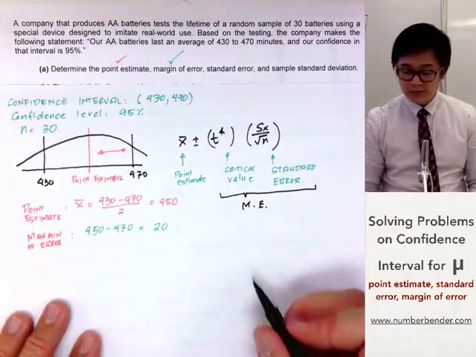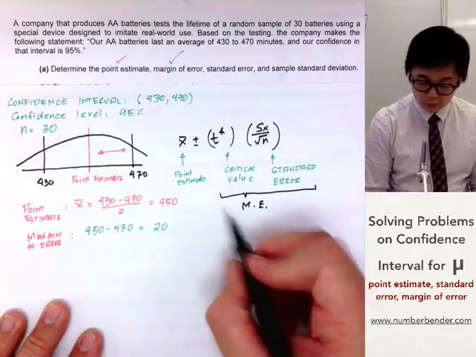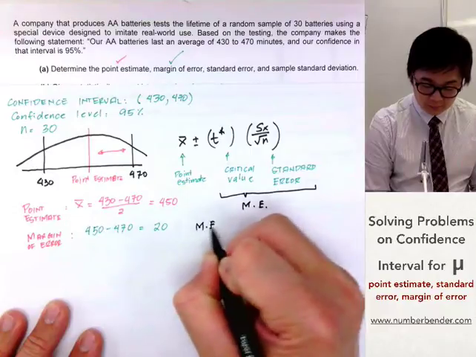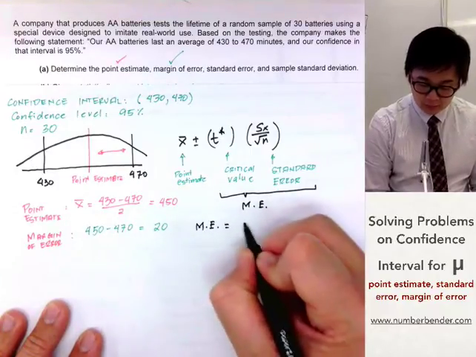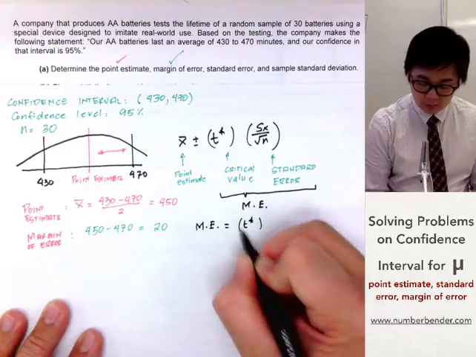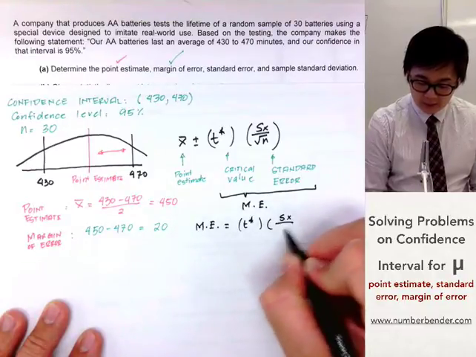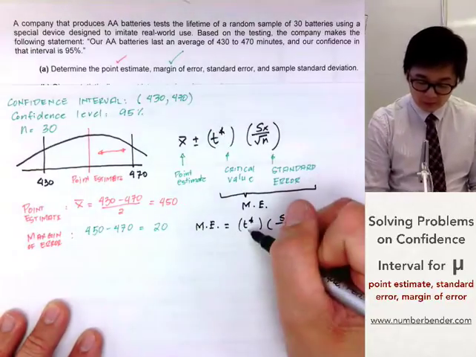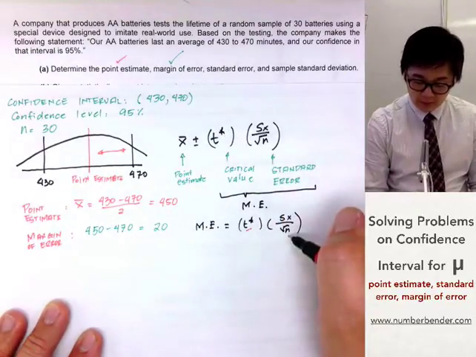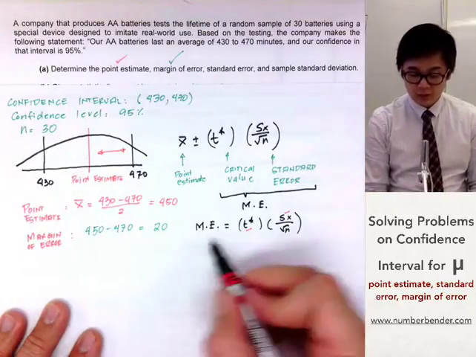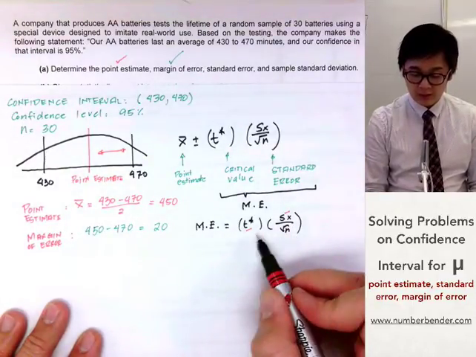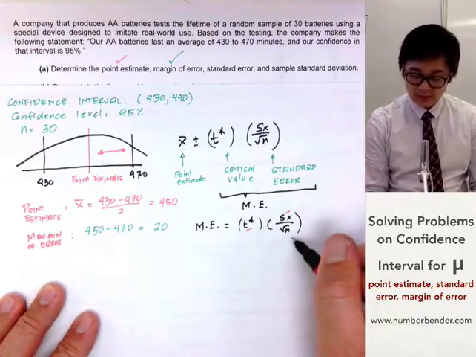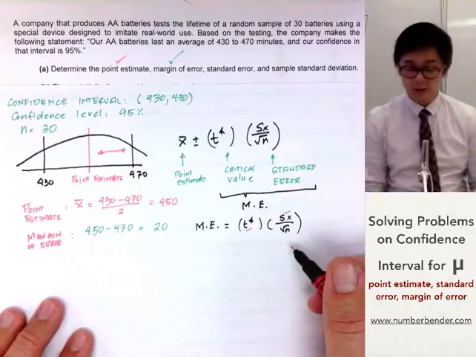So if we use that as an equation, we have the margin of error equal to t star times Sx all over square root of n. And in this case, we need to find t and Sx to be able to find the standard error and the sample standard deviation.